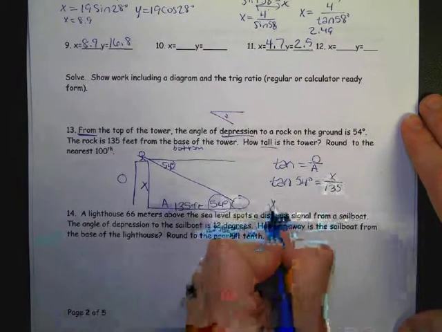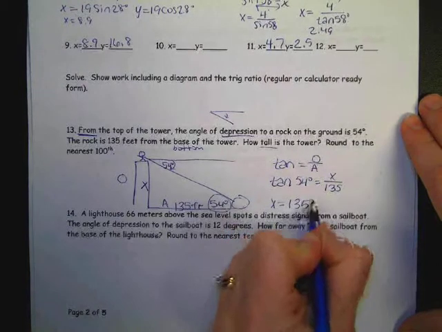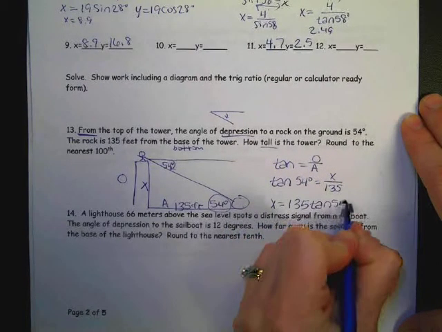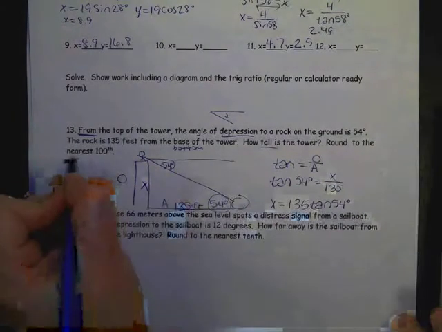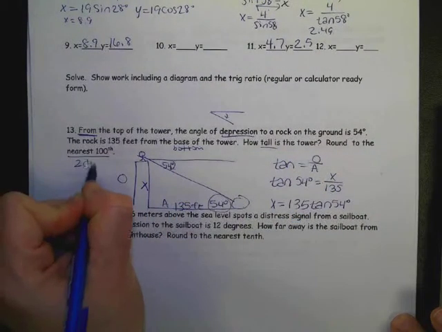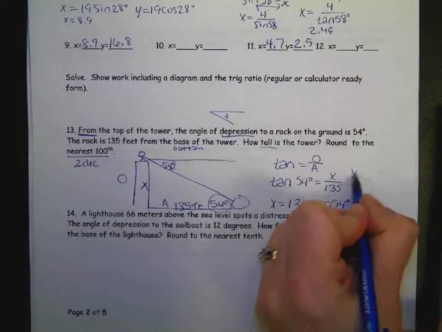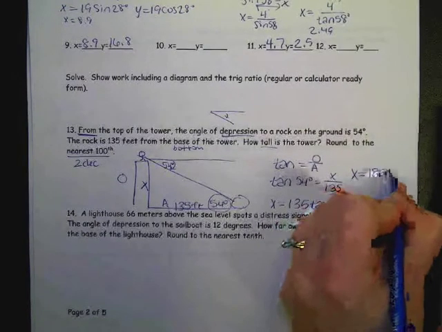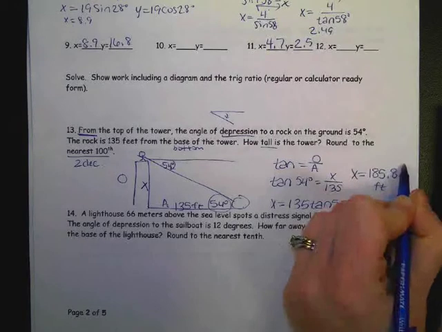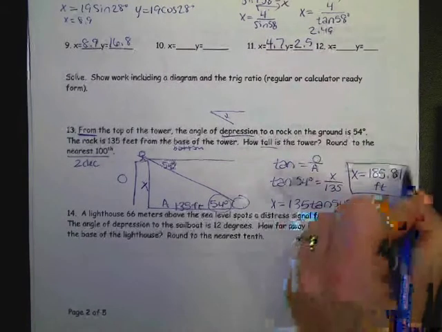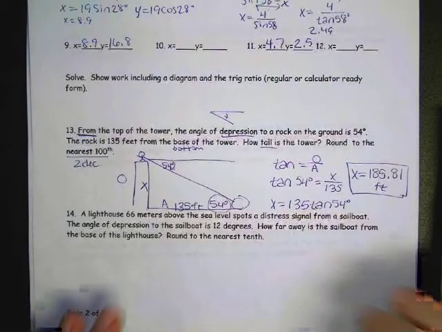Since X is on top, I'm going to end up multiplying 135 and tangent 54 degrees. And when I type that in, rounded to the nearest hundredth, which is 2 decimal places, that would give me X equals 185.81 feet. Don't forget your units on all your word problems.